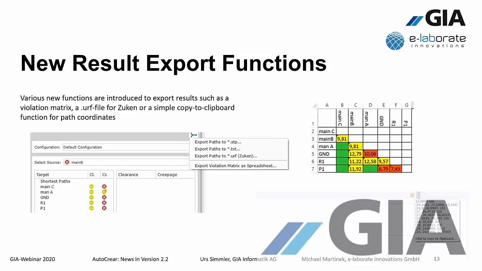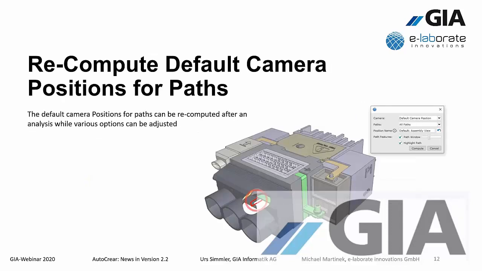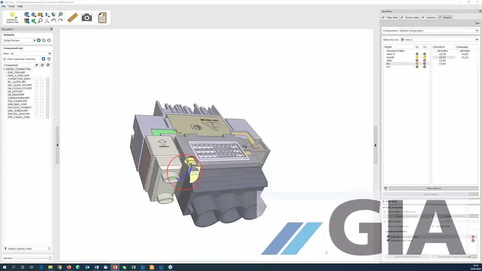Question here was, can you reorder the views in the camera position window? You need an ordering here? Yeah, I think so. Yes, I also think so. No, there's no order, but if this is a requirement, no problem.